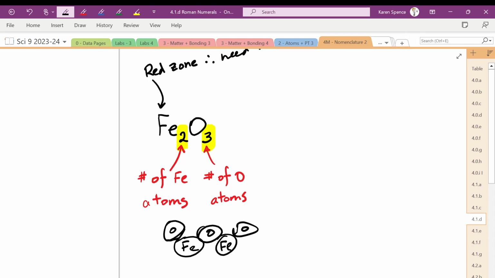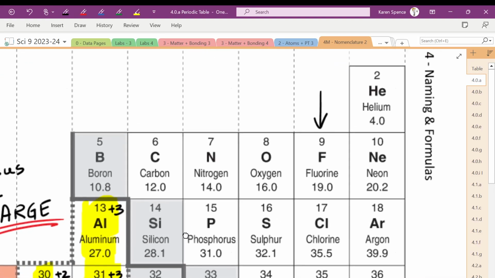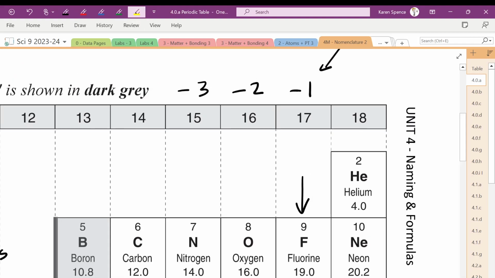What you will do is say, I have 2 irons, so I'm going to write Fe and Fe. I have 3 oxygens, so I'm going to write O, O, O. So you're going to write out the number of each atom. And then you're going to say, hey, I know something about all my non-metals, all my anions. If I go to my periodic table, I know the charges of all my anions.